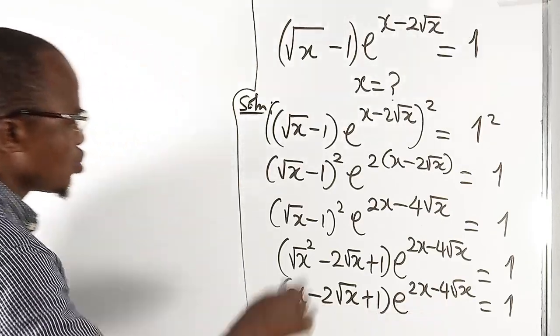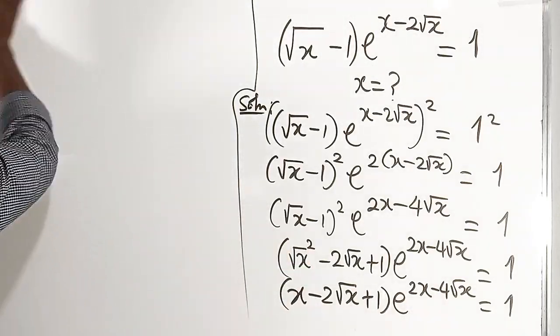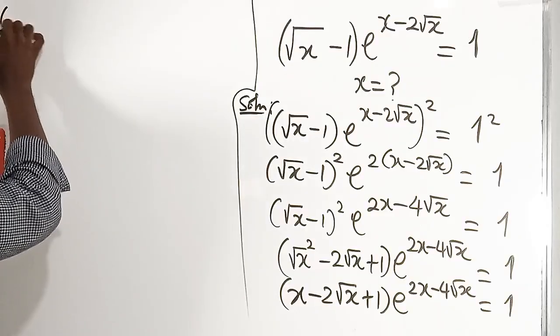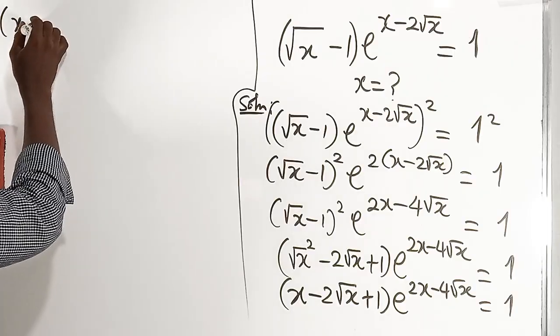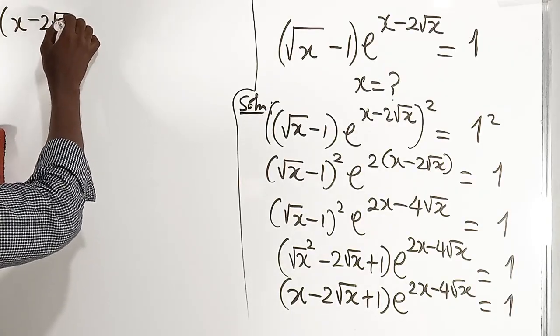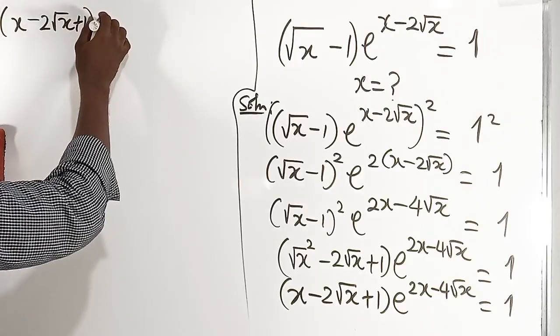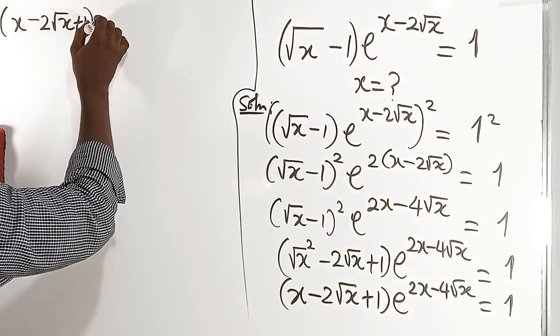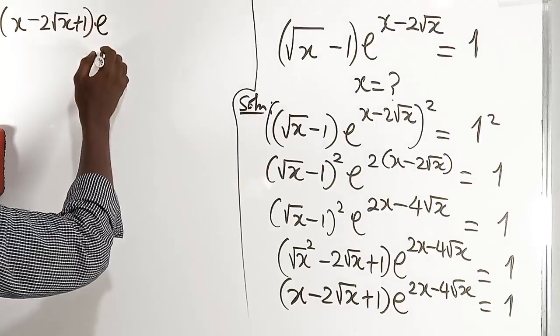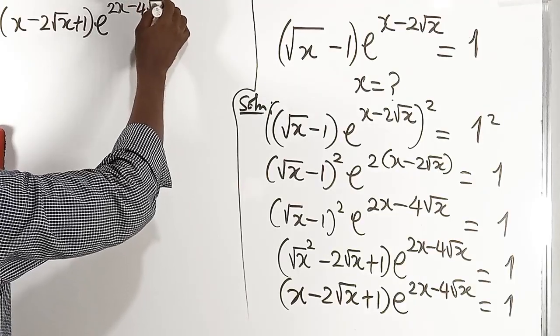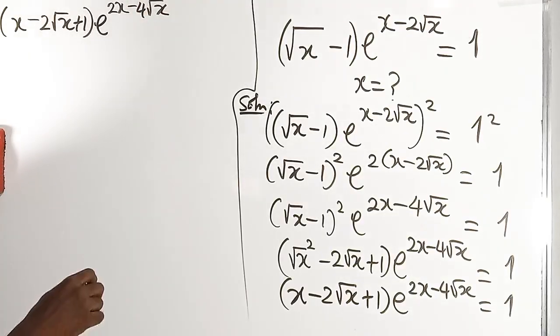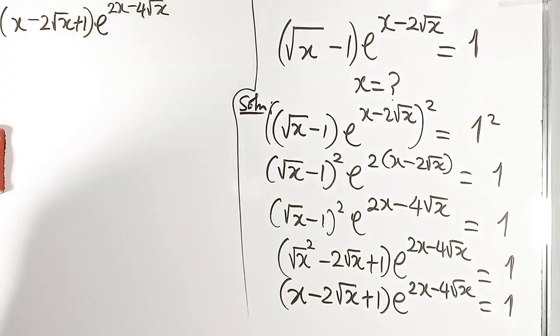So e to the power of 2 on both sides of the equation. If I do that, I'm going to have x minus 2 root x plus 1, multiplying e to the power of 2x minus 4 root x. Understood?